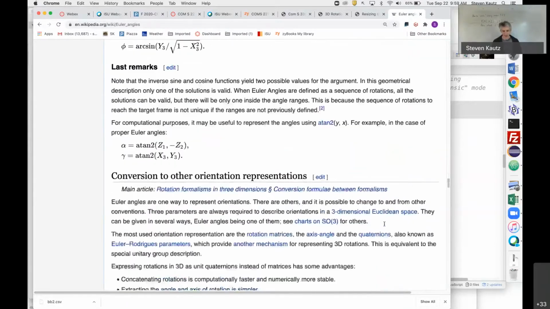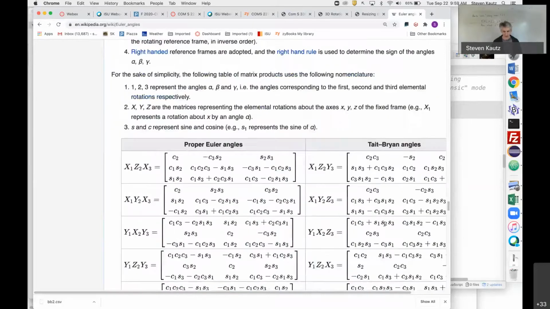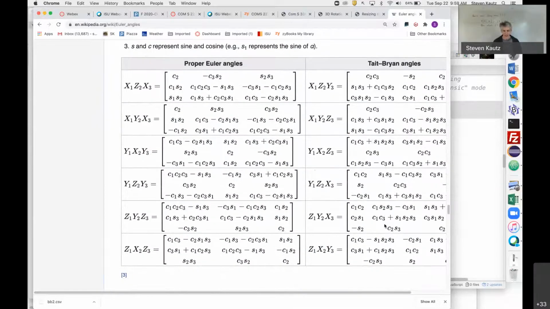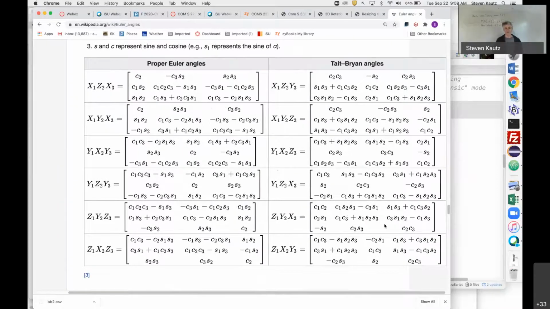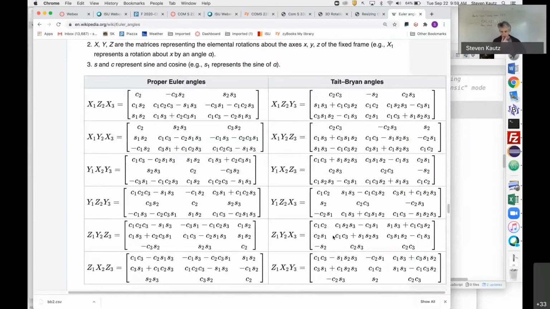But I'm scrolling through this because there's one thing I'm looking at, which is basically this tells you what the angles are going to be, in the sense that if you produce a rotation matrix, the matrix describing a given rotation is unique, right?